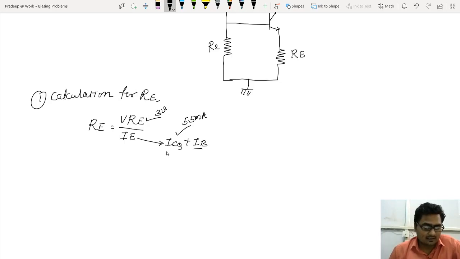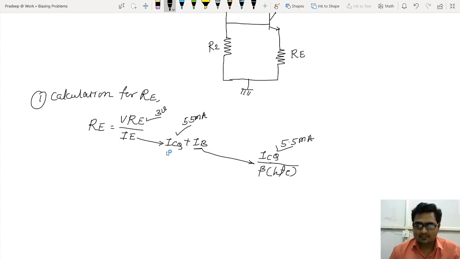So how can I calculate IB? IB can be calculated by IC divided by beta. Beta is nothing but your HFE. So IC divided by HFE, where IC is my ICQ. ICQ is given, it is 5.5 milliamperes.